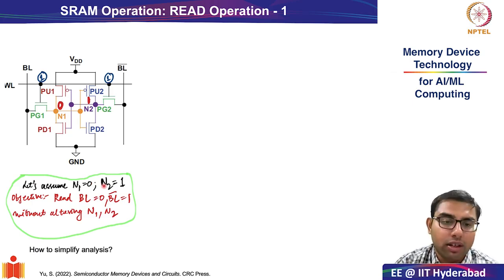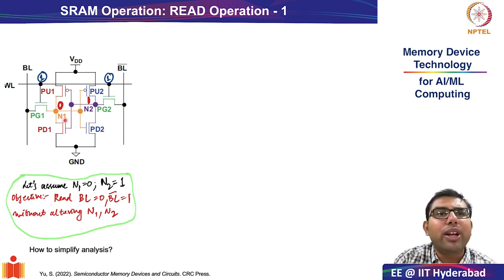What is our objective? Our objective is to read the state of this particular memory. Let us assume that we want to read the value in storage node 1. If we know that the value in storage node 1 is 0, it is obvious that storage node 2 is just the complement.